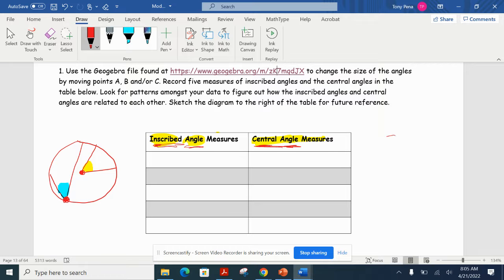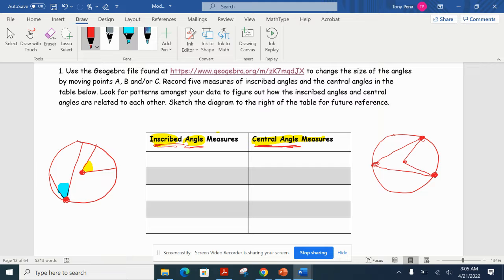What is going to happen in most of the problems today is, let's say, draw in a central angle like so. Make it a little bit wider. And then put some big red dots where that intercepts the arc. And then what you're going to do now is put another dot right here and draw an inscribed angle out to the exact same two points that the central angle created.